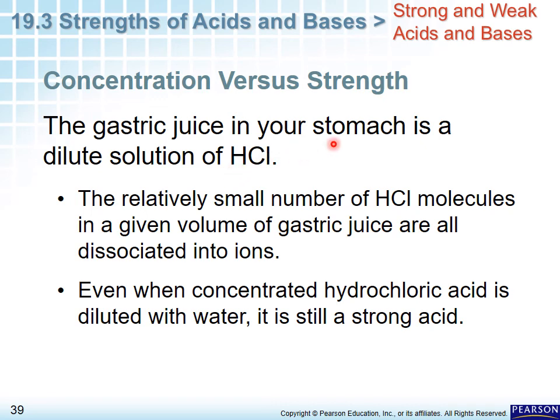The gastric juice in your stomach is a dilute solution of HCl. The relatively small number of HCl molecules in a given volume of gastric juice are all dissociated into ions. Even when concentrated hydrochloric acid is diluted with water, it is still a strong acid.